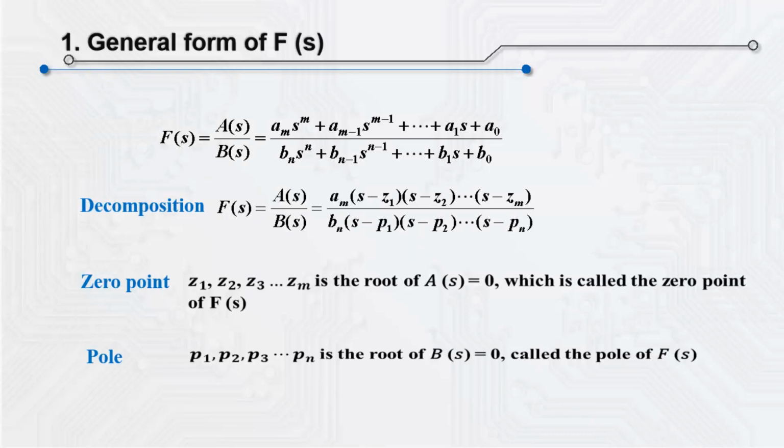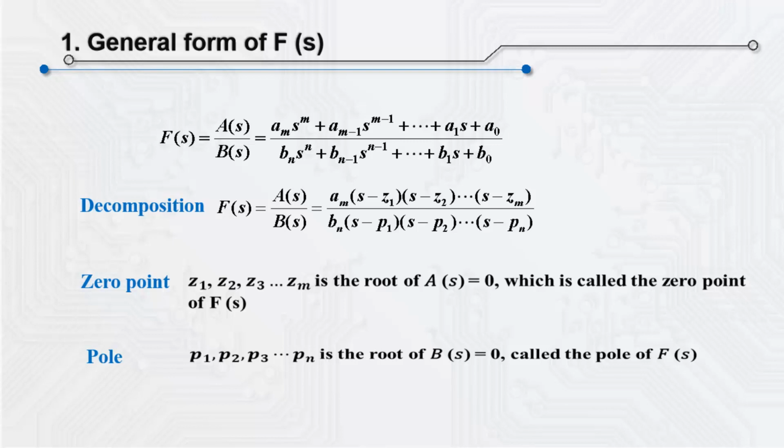First, let's look at the general form of F(s). We've learned about the typical Laplace transforms before, such as the step function, exponential function, trigonometric function, and t to the power of m. They are all rational fraction forms. Let's see F(s) as a rational fraction form.